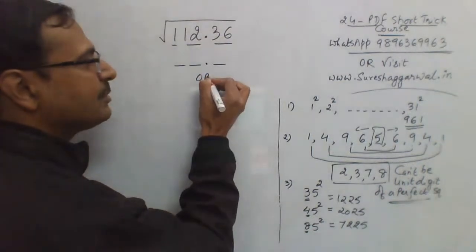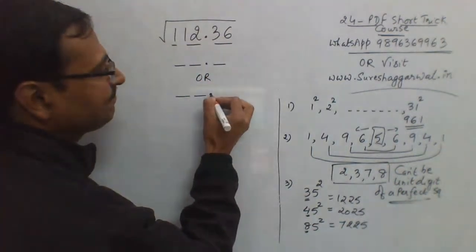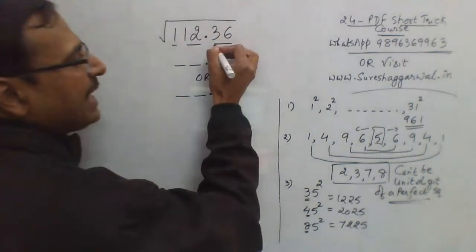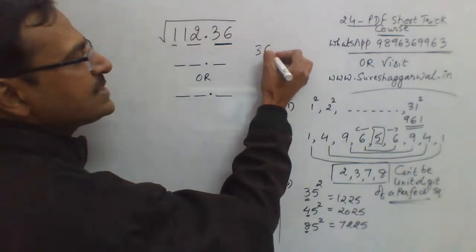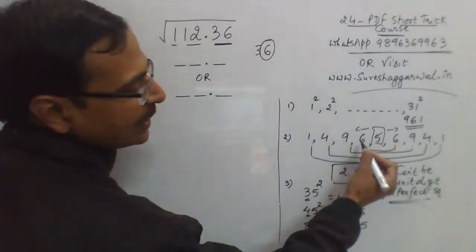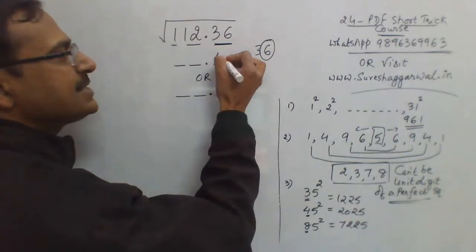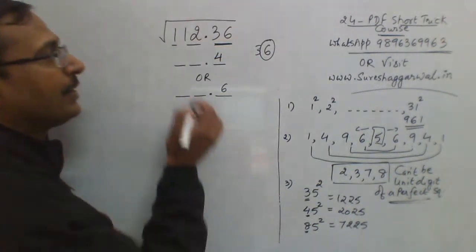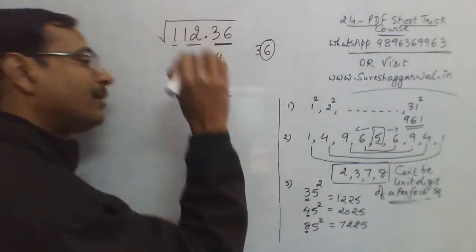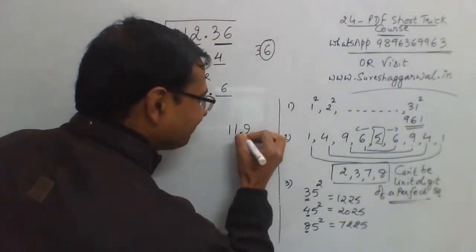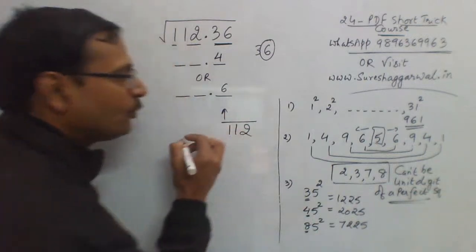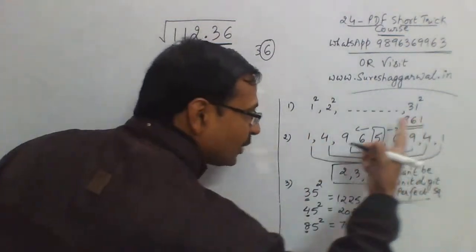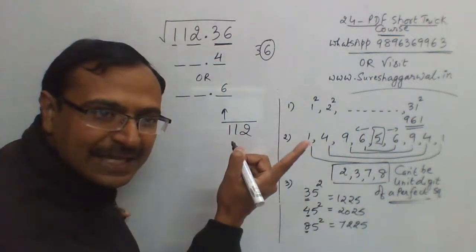But you will have 2 possibilities. The last pair, 36, ends with 6, and 4 square and 6 square, they end with 6. So 4 or 6 are the 2 possible unit digits. Now take the entire number 112. Below 112, which is the perfect square? I told you need to understand 1 square to 31 square easily, okay?